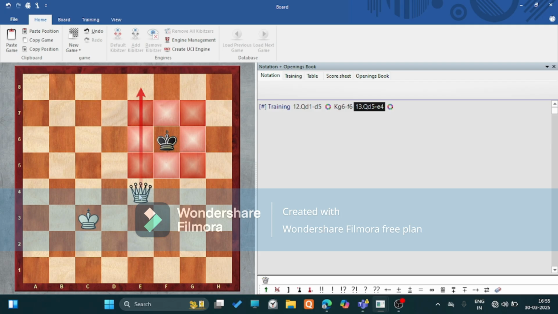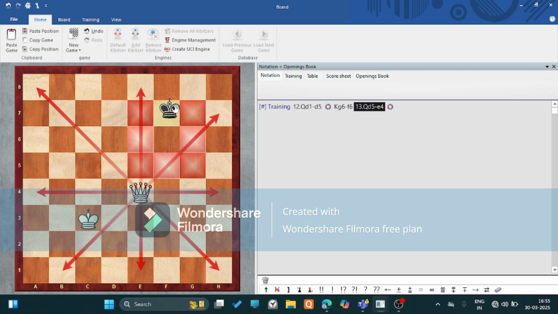This line, this line, this line, this line, and here, here, and these are all the squares where the queen has control. Now the king can move over here. 1, 2, 3. These are the only three squares where the king can move.